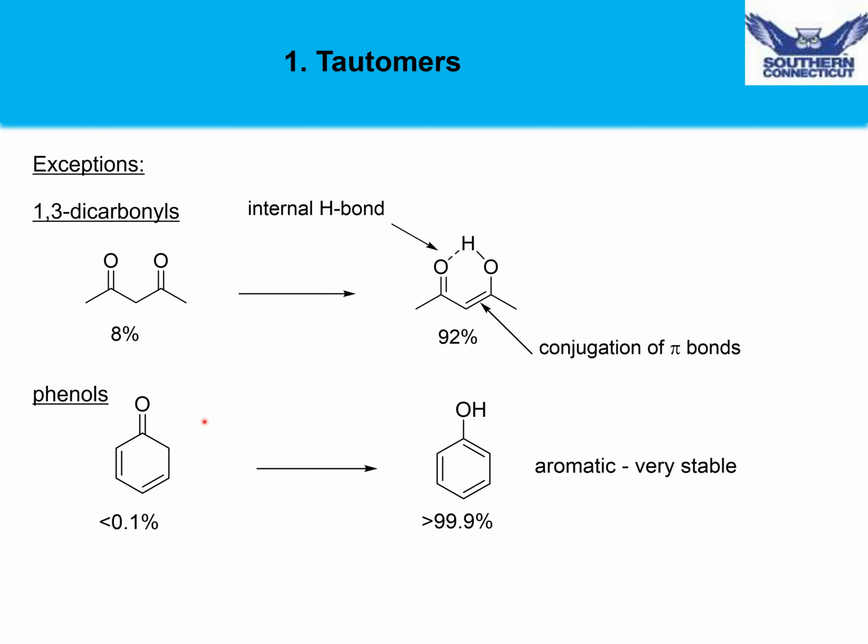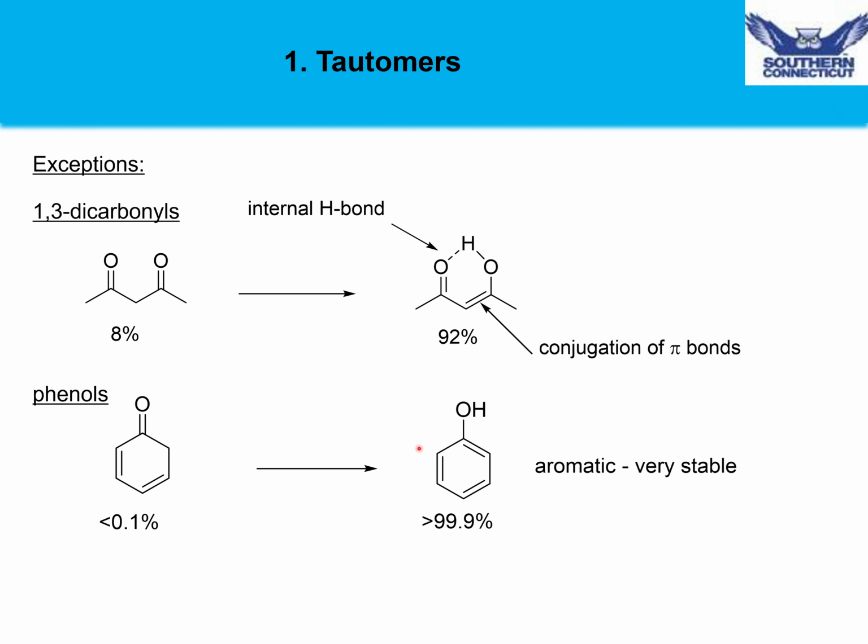Another example where we see the enol form being favored is a compound such as a phenol. As we see here, this compound is aromatic, and aromatic compounds have a lot of stability. In fact, they're more stable than your typical conjugated alkenes.